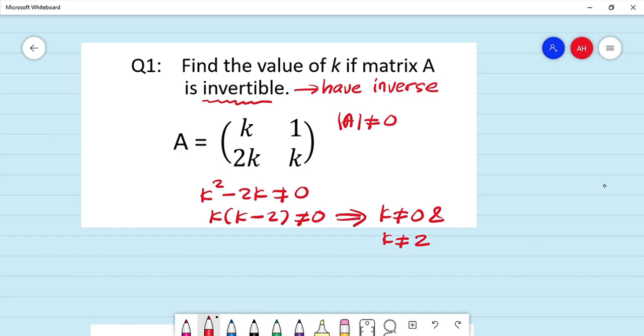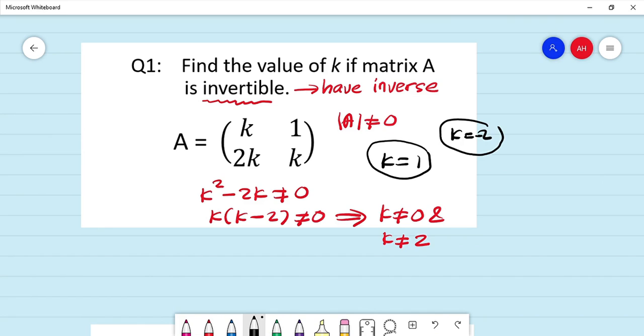Other values, for example, if we choose k equal to 1, yes, the value of k equal to 1 will make matrix A invertible, meaning it has an inverse. Other values like k equal to negative 2, this value of k also will make matrix A invertible.